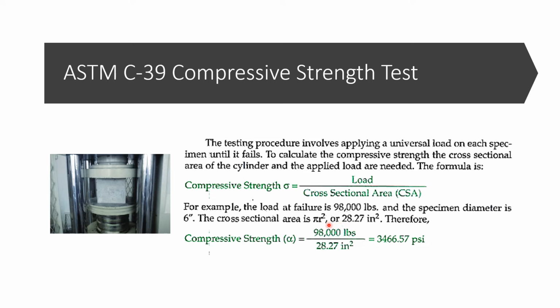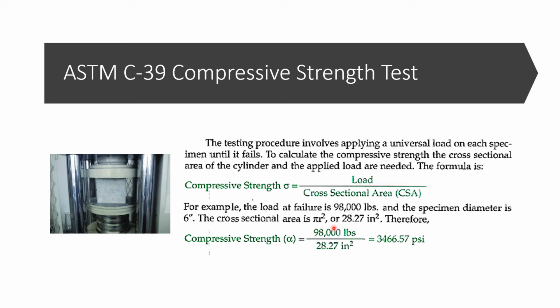Take pi from your calculator, times the diameter divided by 2, squared, multiplied with pi, and you're going to get 28.27 inches squared. Put that in as the CSA. Calculate this ratio, and you're going to get 3466.57 psi.